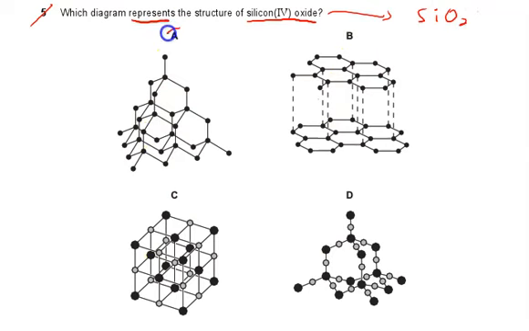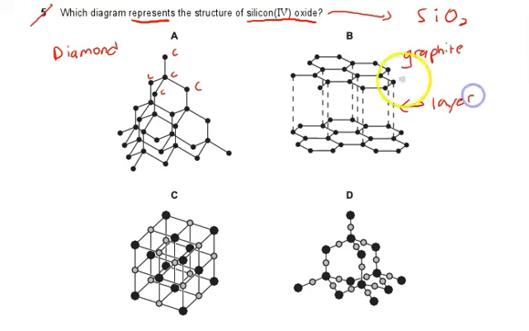Now A has a tetrahedral structure where this is a diamond. So everything here will be carbon. Now, carbon also forms graphite, and the graphite is very slippery due to this layer. So they have this layer.